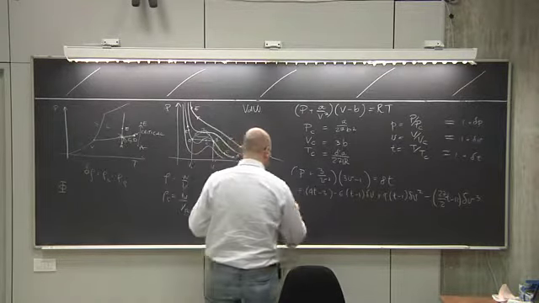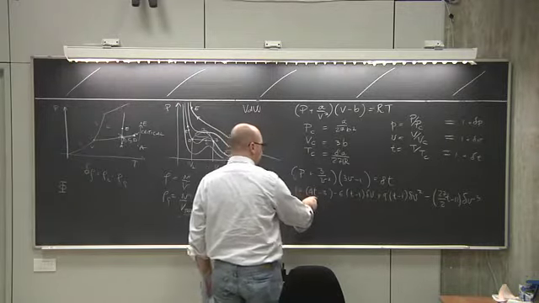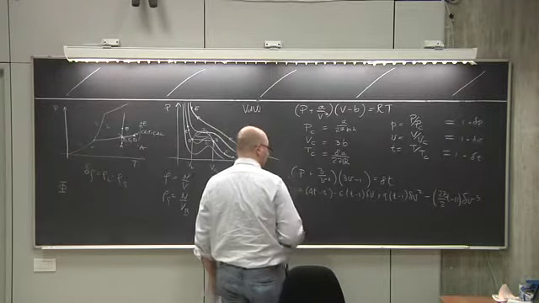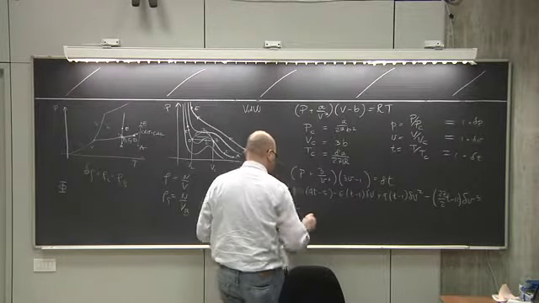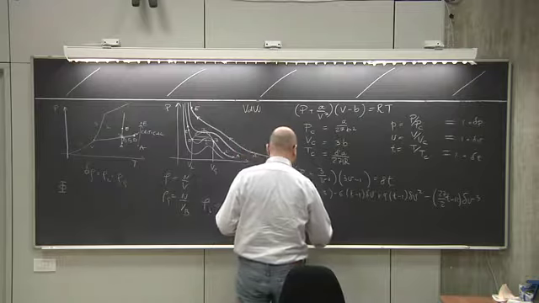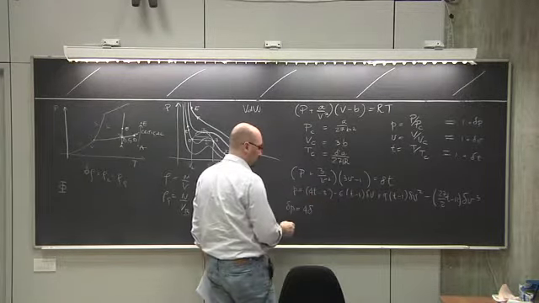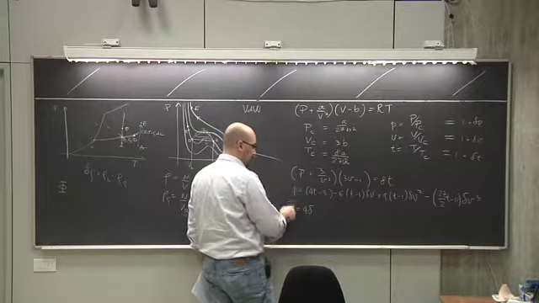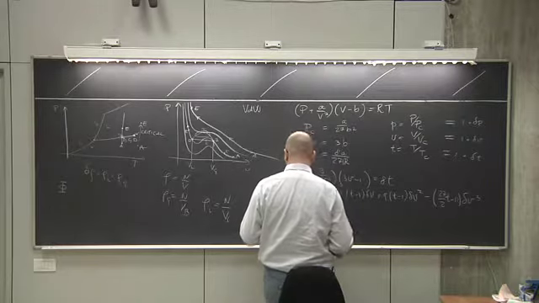So when t is close to 1, this becomes 4 delta t. This becomes delta p. This becomes 1 plus 4 delta t, and 1 is just cancelled by the p minus delta p.